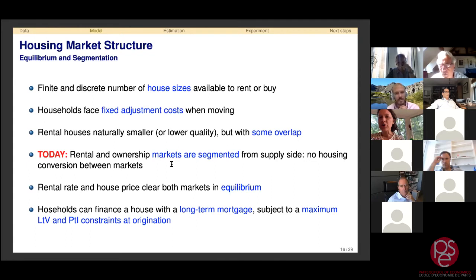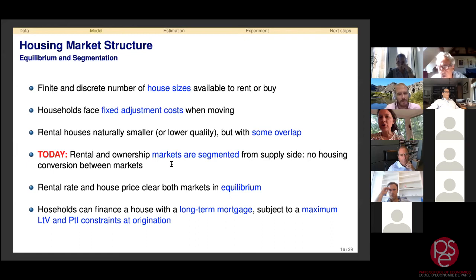Yes, there's a clarification question. How large is the loan origination parameter and why is it needed? The cost to originate, you mean? It's not a parameter we're estimating right now, and it's not key for what I'm going to show you today.